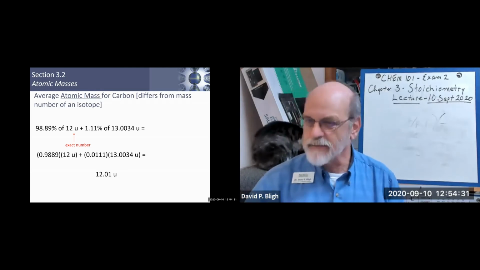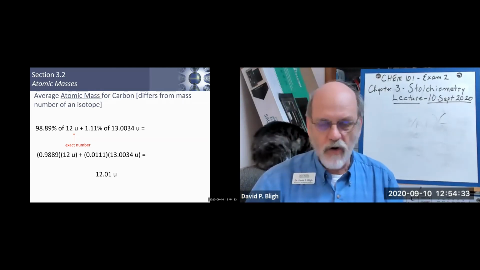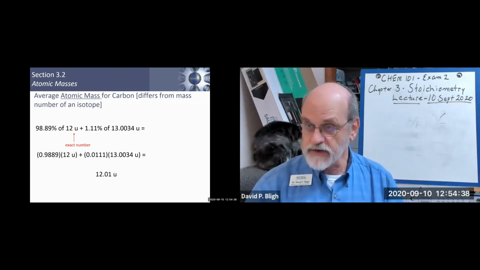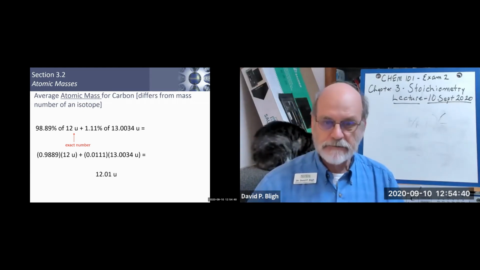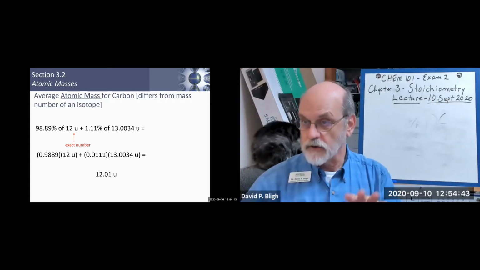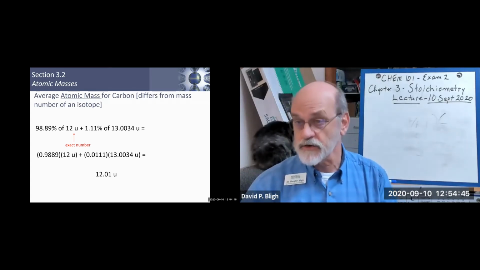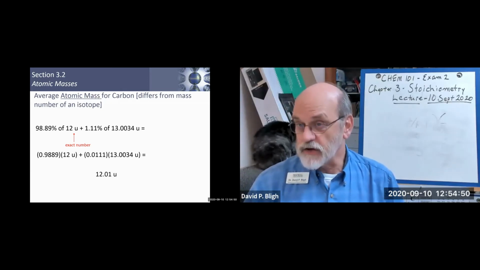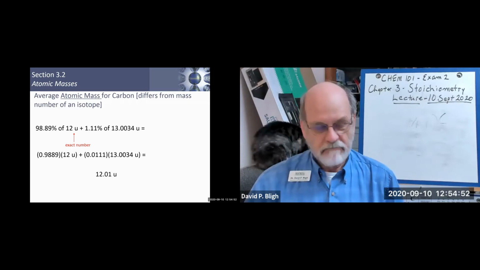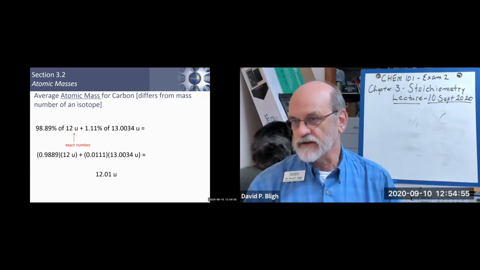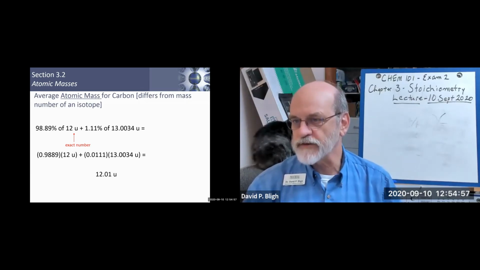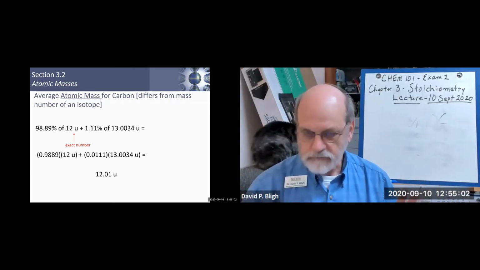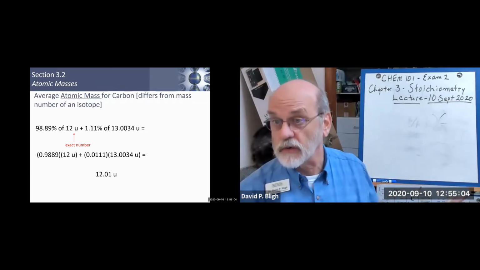Now, over time, they'll change a little bit based on our precision of our instruments. The accuracy and precision of our instruments will modify those values over time, and every 10 years or so, they republish them. But that's why I use 2 decimal places, because they never change at the 2nd decimal place. They always change at the 4th, 5th, 6th, 7th, 8th decimal place. So for our work, this is pretty much chiseled in stone.